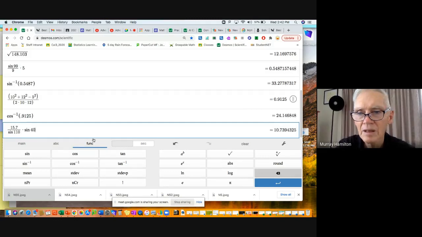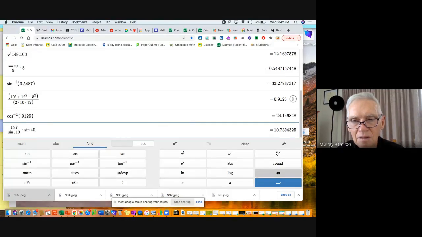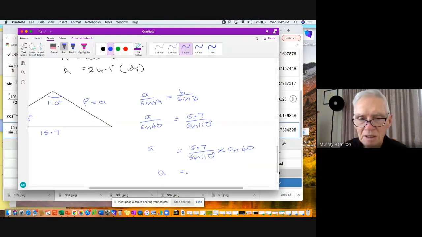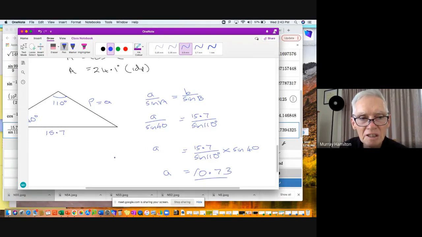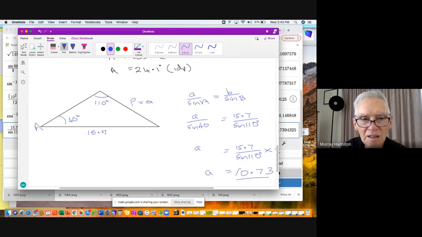And it gives us an answer of 10.73. So A is 10.73, and we can write our answer in there as soon as I find where my pen is. 10.73. And just check, does that make sense? That's 15, that's the biggest one, 10 must be smaller. Yeah, that's about right. So I've got 10.73.